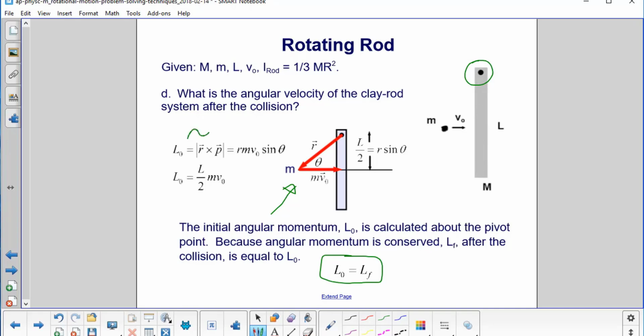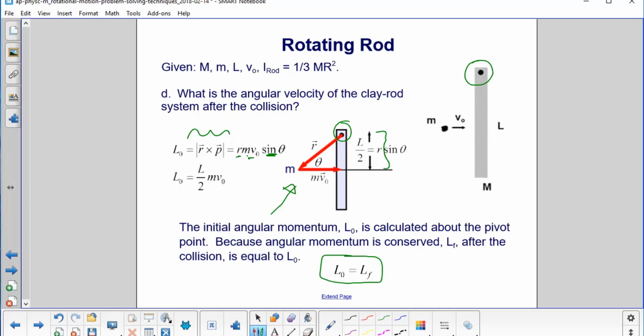Here's the equation. It's the magnitude of r cross p, where r is the vector between where the clay is and where this axle is. And then we put in the numbers here. We have r sine theta. Okay, that's your r cross p term. And you have mv0 for p. And note, r sine theta is this distance here.